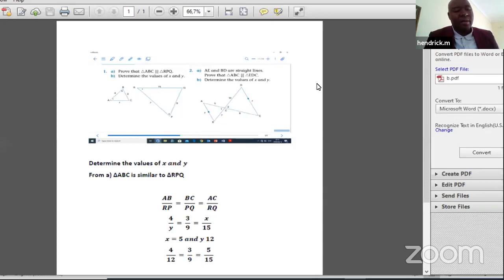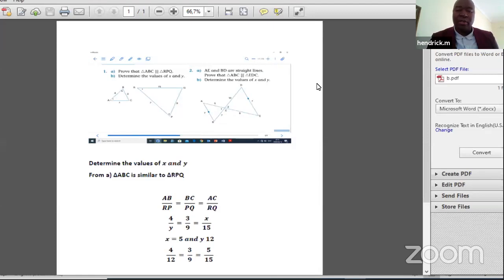I was just saying that we need to determine the values of X and Y. And now we know that once you have proved that the two triangles are similar, then it follows that AB over RP is equal to BC over PQ.